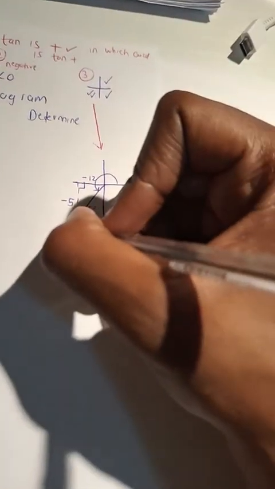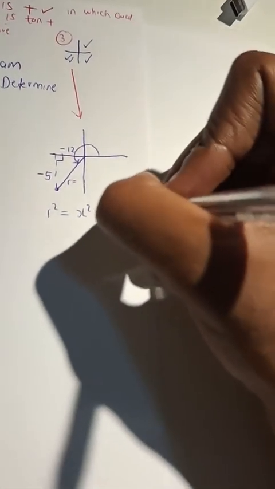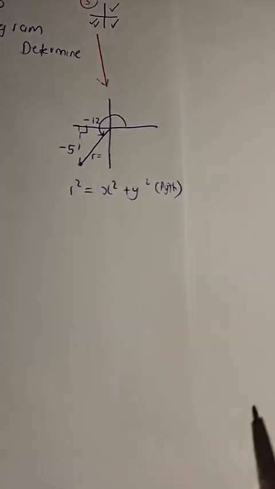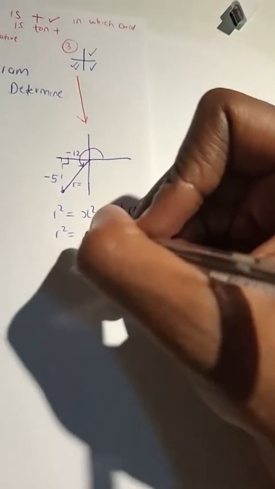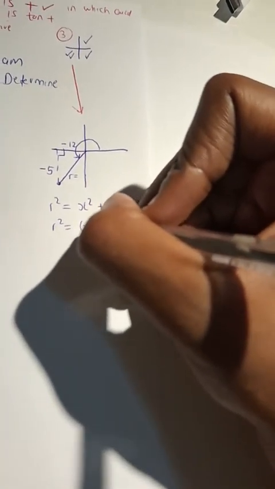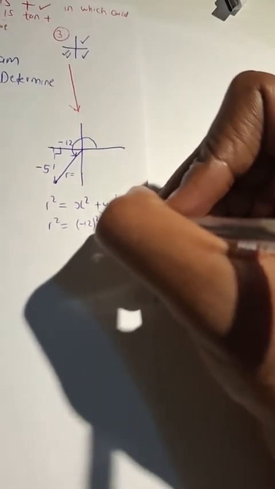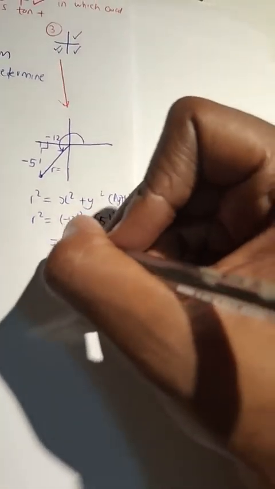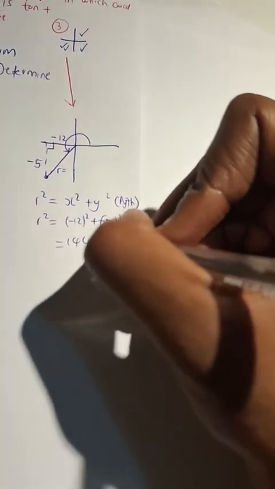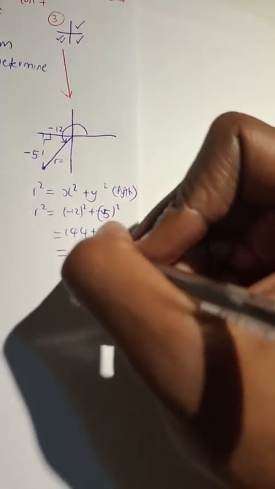So then we're going to use Pythagoras to find r. And then r squared is equal to x squared, which is negative 12 squared, plus y, negative 5 squared. We get 144 plus 25, which gives us 169.